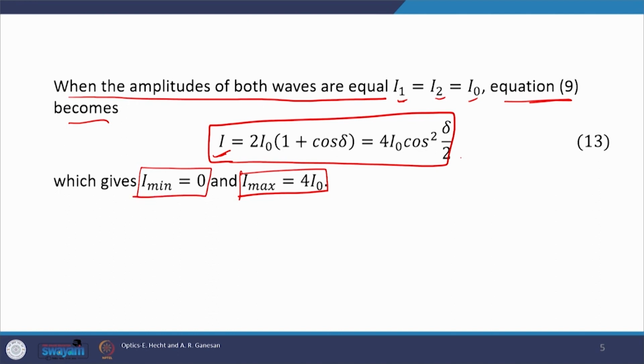Now, let us plot equation number 13 and see the variation of irradiance at the screen.